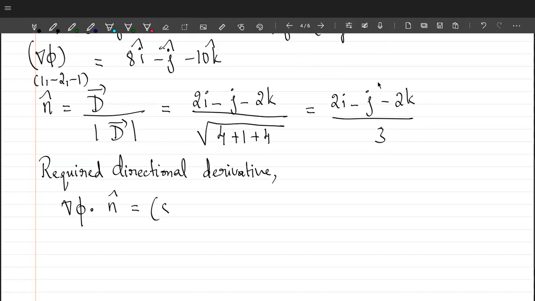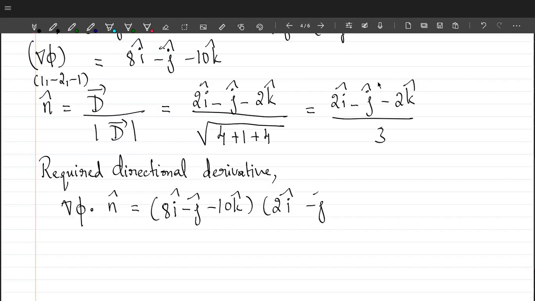It is 8i minus j cap minus 10 k cap. Then n cap I've already calculated: 2i cap minus j cap minus 2k cap divided by 3.